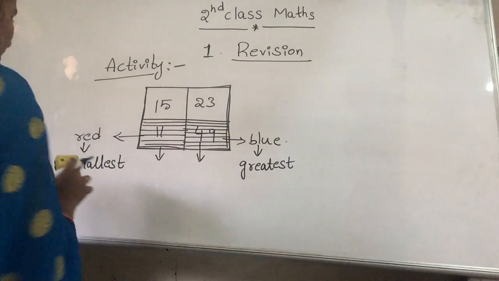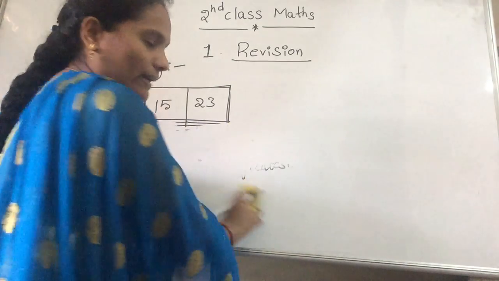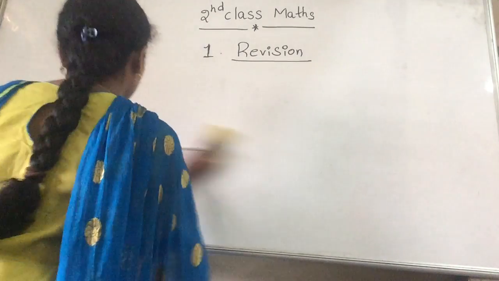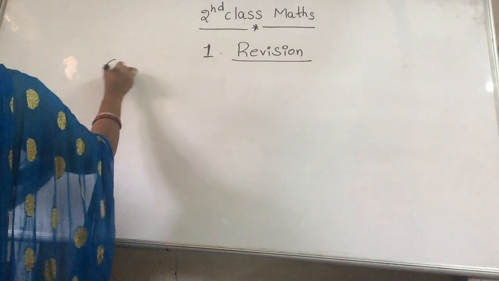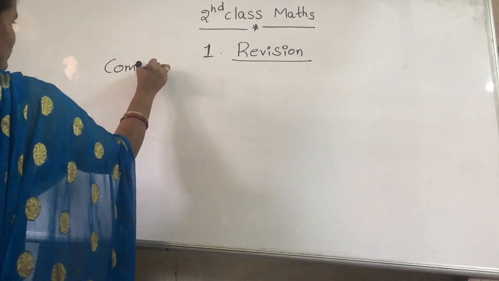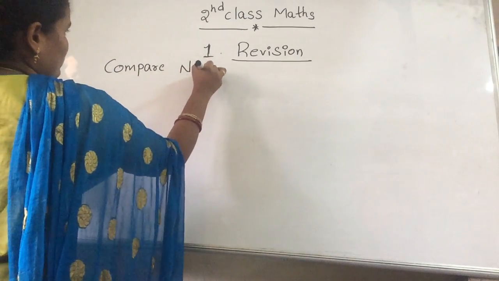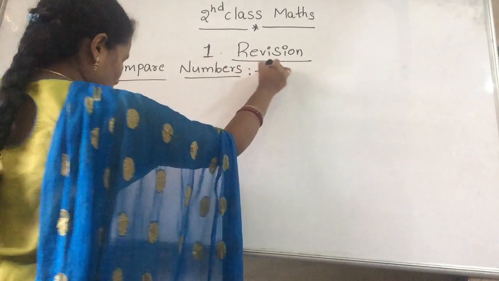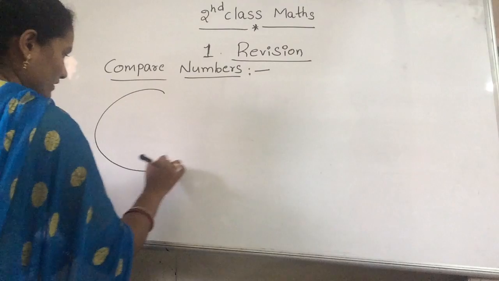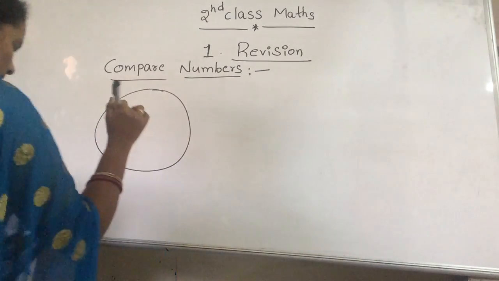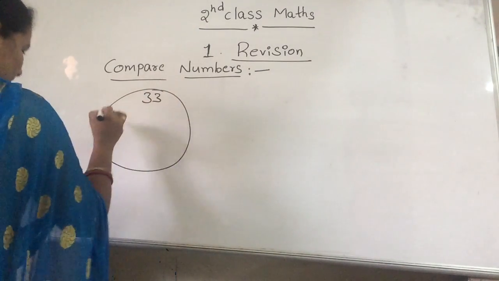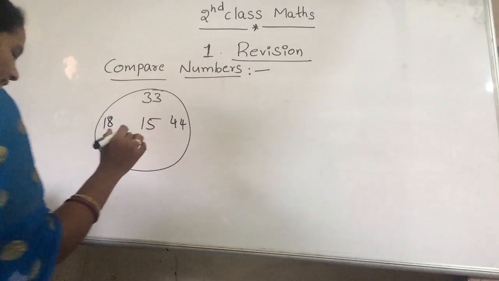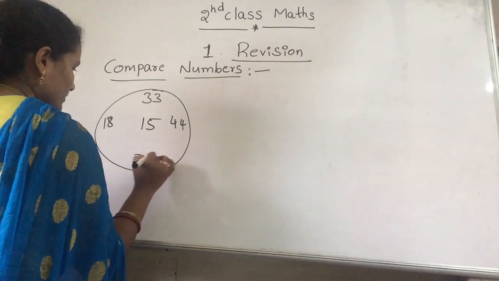Okay children. Now next one, let's see the next one, comparing numbers. Compare numbers. You get one circle. In these circles, 5 numbers are there, that are 33, 18, 15 and 35.